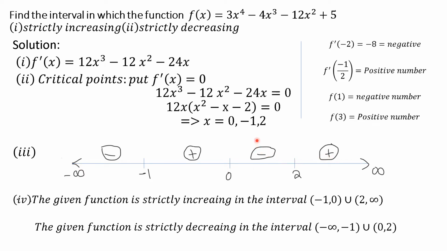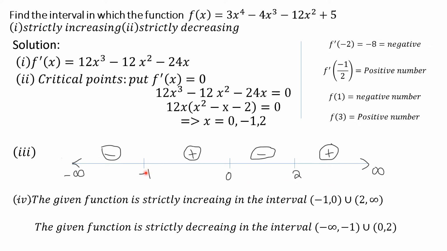The points x is equal to 0, x is equal to minus 1 and x is equal to 2 divide the real line into 4 distinct intervals, namely the open interval minus infinity to minus 1, the open interval minus 1 to 0, the open interval 0 comma 2, and the last one, the open interval 2 to infinity. The third step is over.